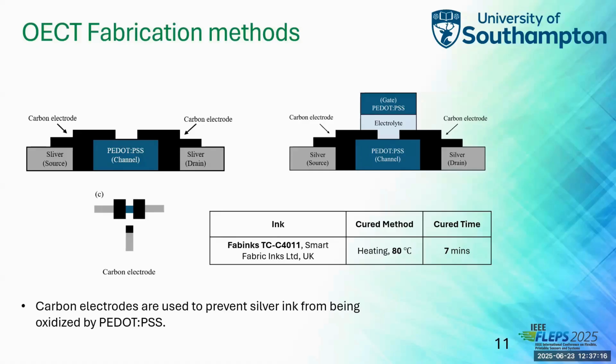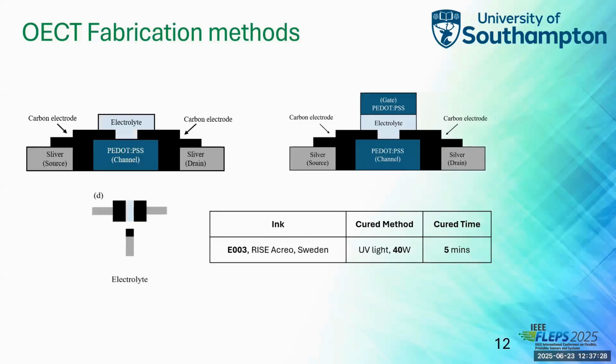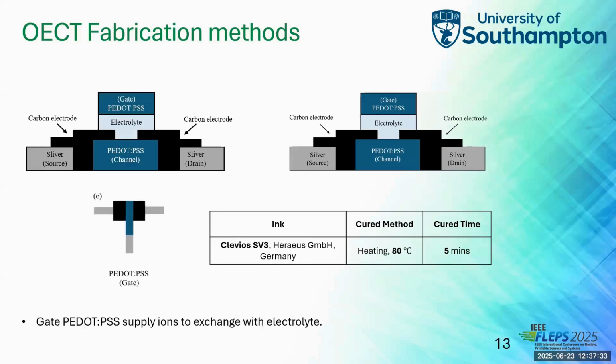If the silver contacts the PEDOT:PSS directly, the silver will be oxidized by the PEDOT:PSS, so the carbon can protect the silver. And then the electrolyte. This is a UV curable electrolyte. And then PEDOT:PSS as a gate. This is to supply the ions to exchange with the electrolyte. If we just use silver to connect with the electrolyte directly, the silver can't supply the ions.